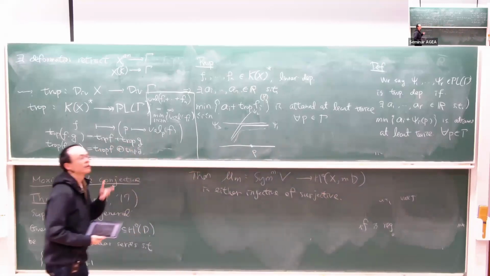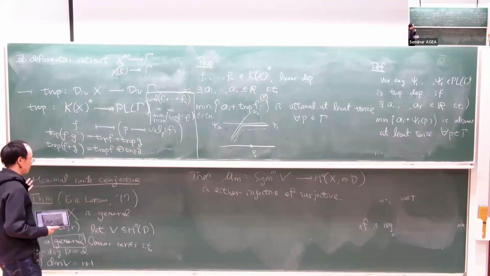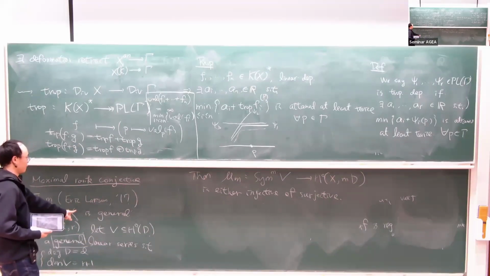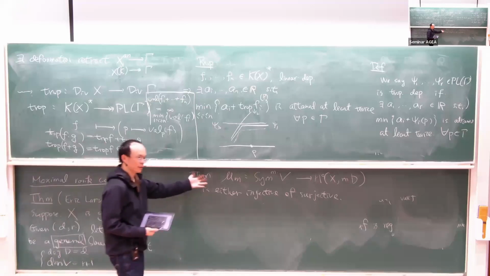Similar to the Brill-Noether theory, you only need to demonstrate one general curve with one linear series which satisfies this property.